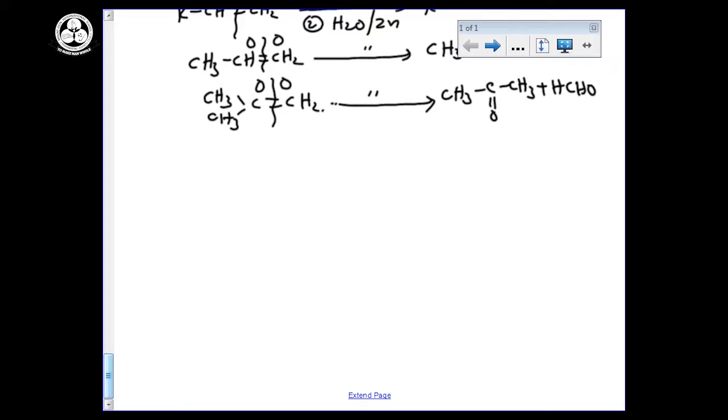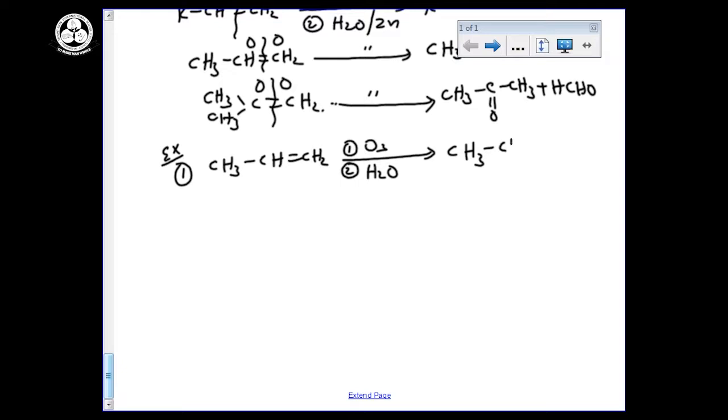For example, without zinc: CH3 CH double bond CH2. The reagents are ozonolysis, and second only hydrolysis, no zinc. See what happens. First, as usual, ozonolysis gives the compound like this plus HCHO. If there is no zinc, as I already told you, it can undergo oxidation.